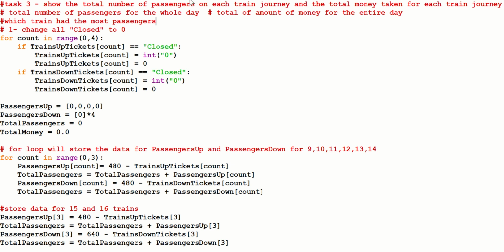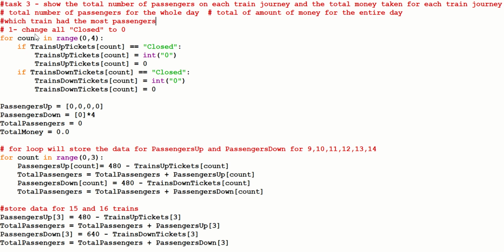Also show the total number of passengers for the whole day, and the entire amount of money collected for the whole day, and display which train had the most passengers.